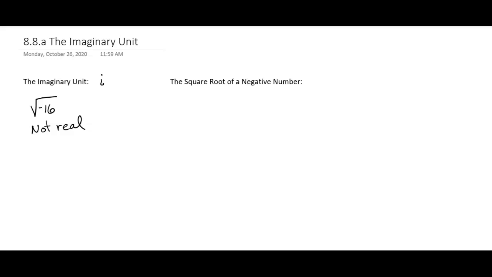So in this case, we could write the square root of negative 16 as the square root of 16i. And then we could make the square root of 16 4, and so we would write 4i. And that is what we call an imaginary number.